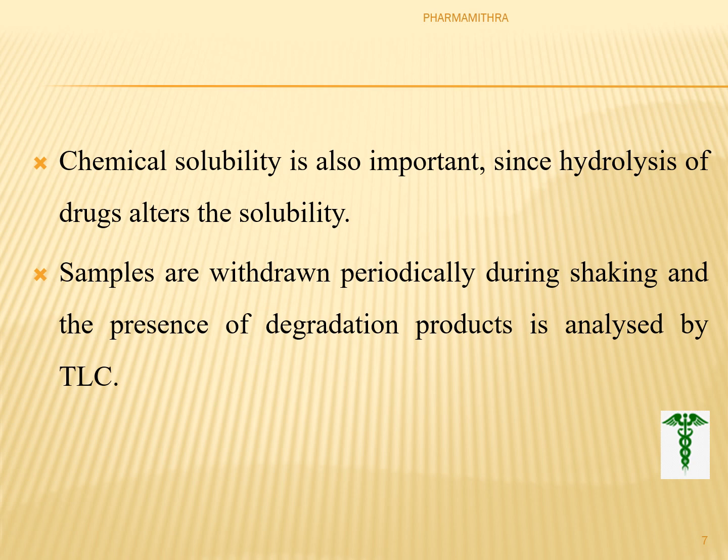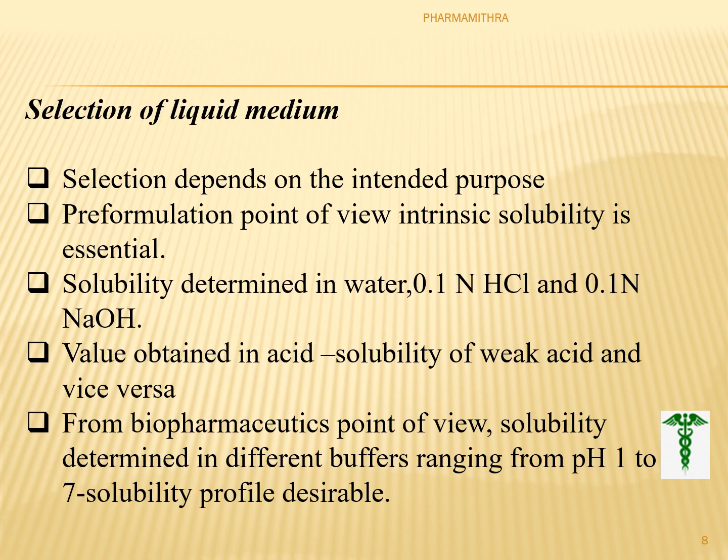If the drug gets hydrolyzed, the solubility will be altered. So to find out whether the drug is stable, we determine this by withdrawing samples periodically, that is, at particular intervals, during shaking. Sometimes the drug may degrade during the time course, so some degradation product is there. This sample can be analyzed by TLC, thin layer chromatography, or similar methods. So this is the first thing.